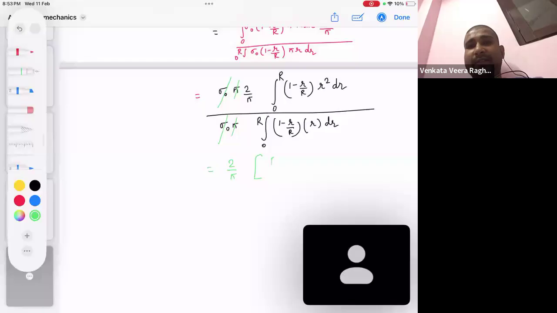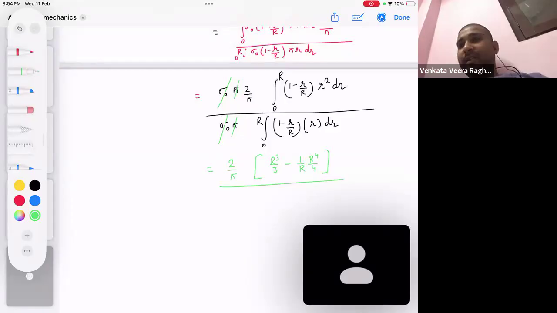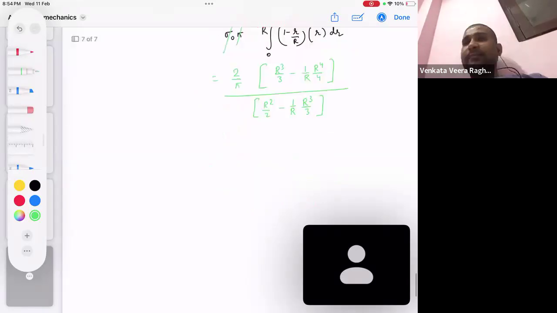R cube by 3 will come, minus 1 by R, integration of r cube dr, r to the power 4 will come. Denominator: r dr gives r square by 2, minus 1 by R, r square dr gives r cube by 3. Just a little further simplification will be required.